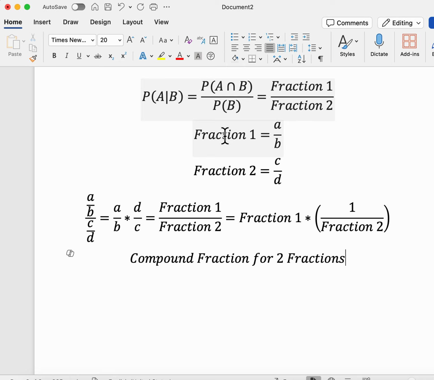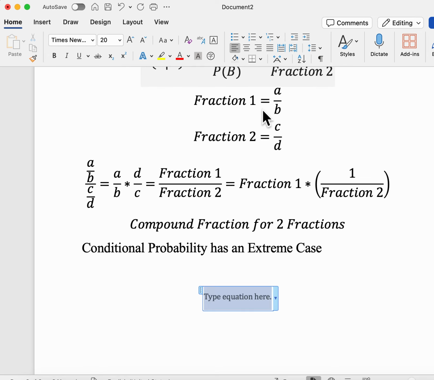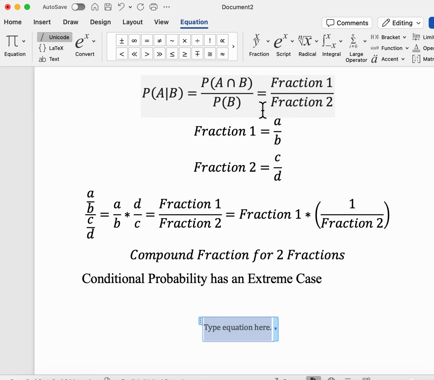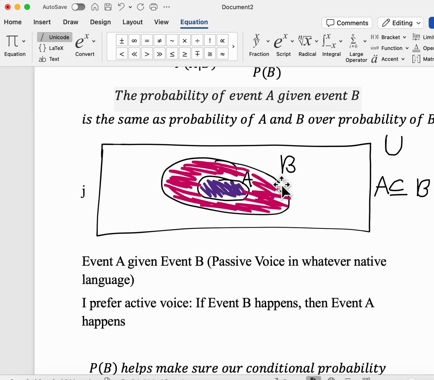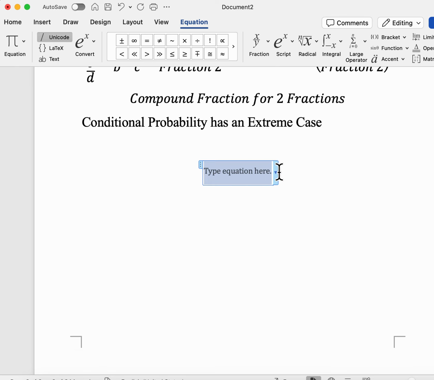Now, just like the addition rule for probability, the conditional rule for probability, also known as Bayes' theorem, has an extreme case as well. Let's say that events A and B aren't contained within each other. They aren't nested within each other like Matryoshka dolls. Let's say they're completely separate and disjoint.